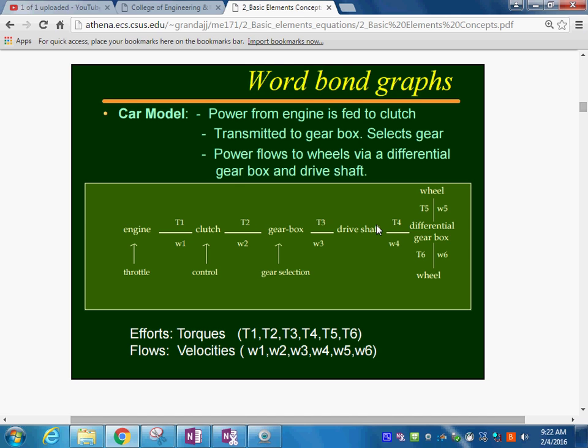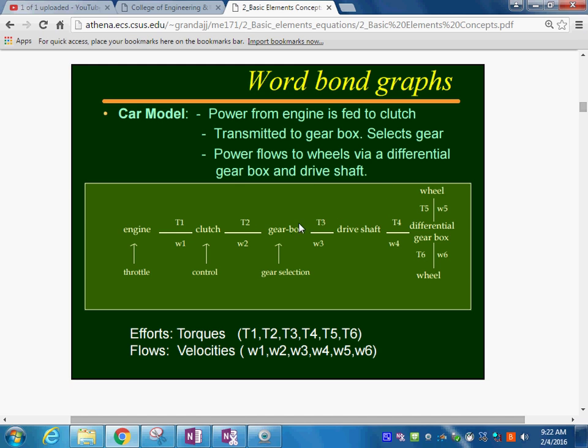It turns out that to be able to implement this idea, each one of these elements has a specific function in the system. The gearbox and the clutch: in one case it connects and disconnects the system; in the other case, it switches the gears and tells us whether the car is going to go faster or slower, whether you're going to have more torque or less torque.